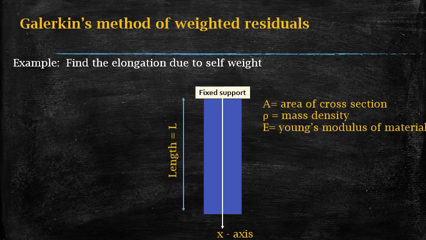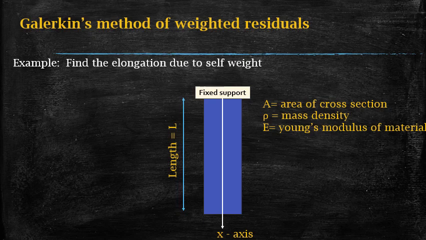Else, you might have gone through all this, the way how to apply Galerkin method. So here, consider this example of elongation due to self-weight. What is the problem? Find the elongation due to self-weight, where a bar is present which is fixed at the top.